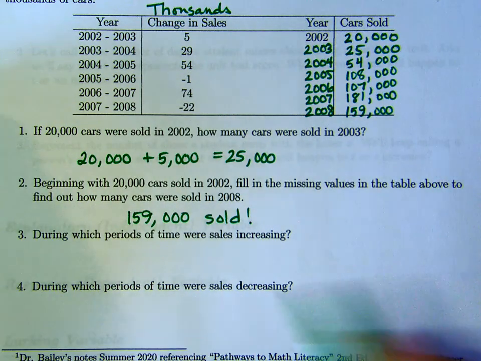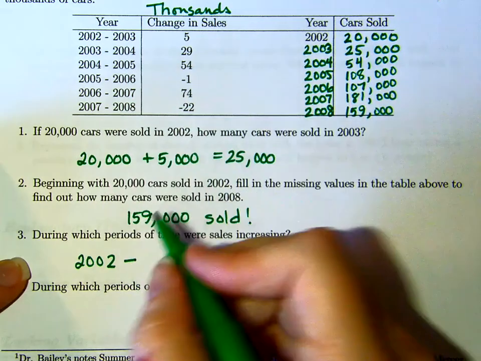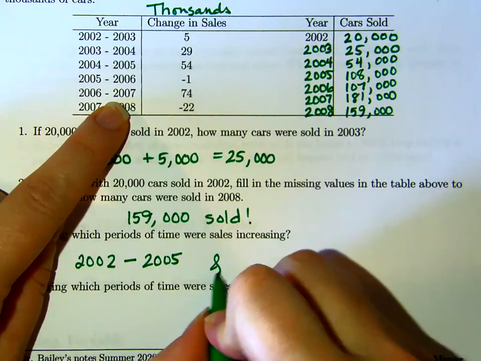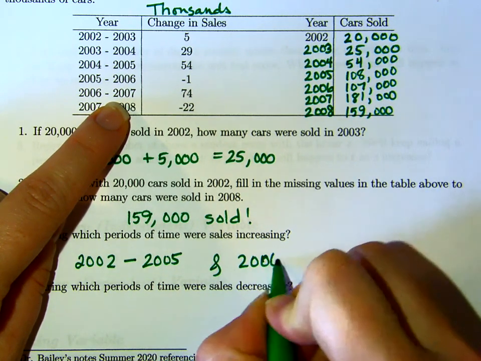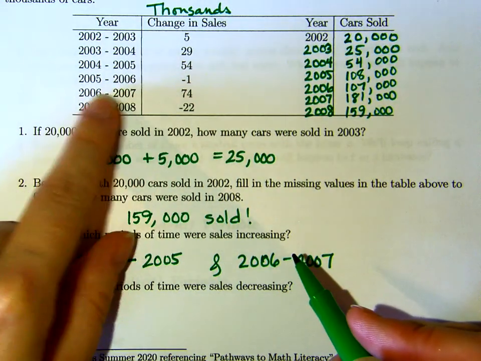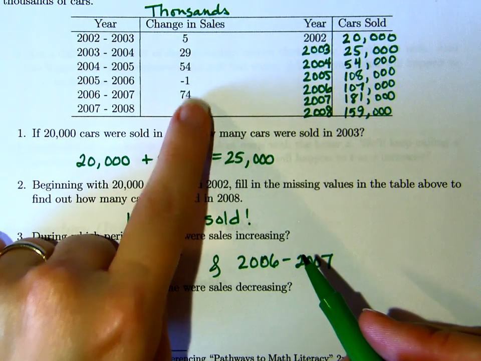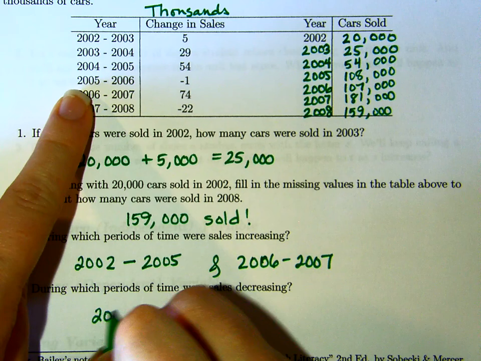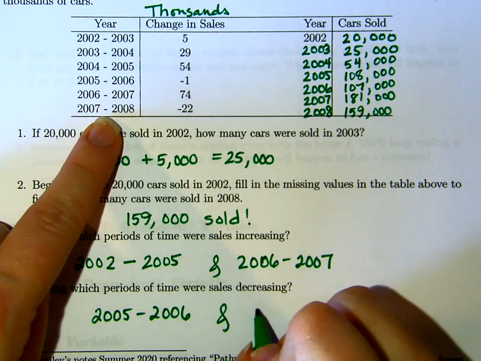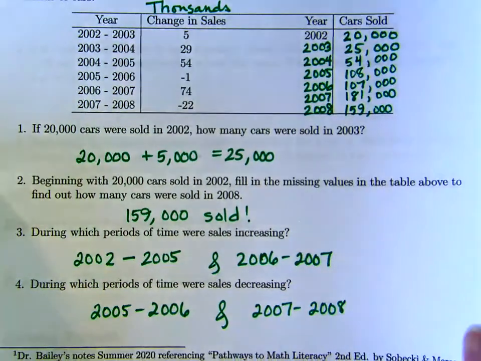So 2002 through 2005, and then again from 2006 to 2007. When was it decreasing? Right here, when the change was negative and it went down by 1,000. So from 2005 to 2006, and again from 2007 to 2008. Got it.